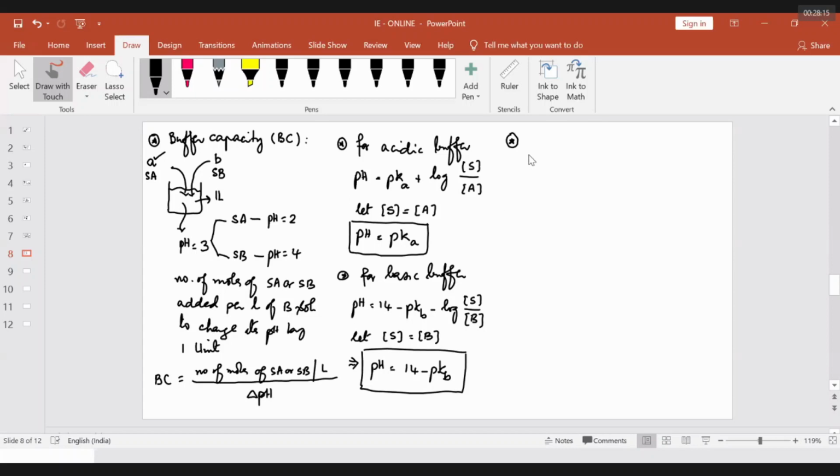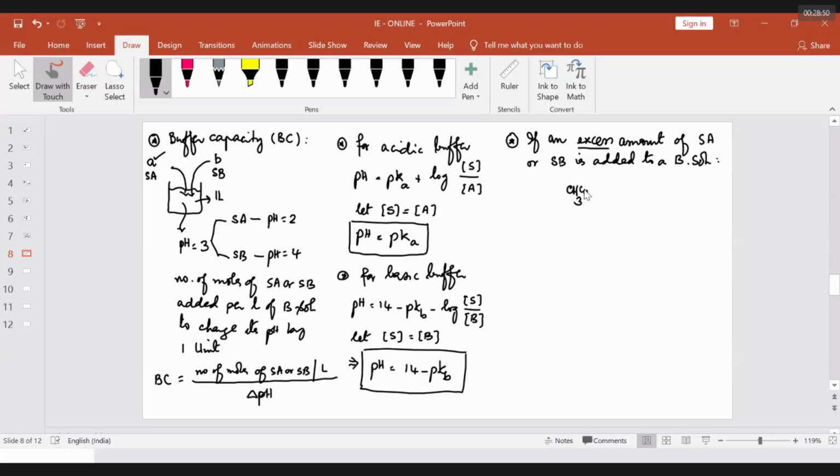Come on, if an excess amount, excess meaning beyond buffer capacity, of strong acid or strong base is added to a buffer solution, then what happens? Consider an acetic buffer. Who is that fellow?